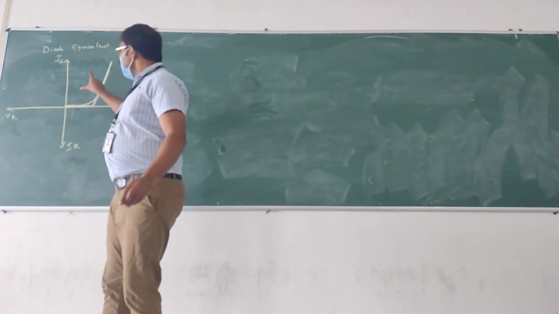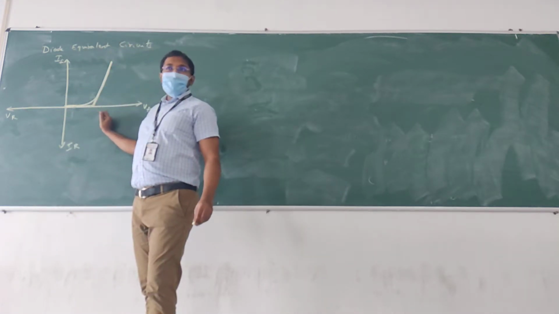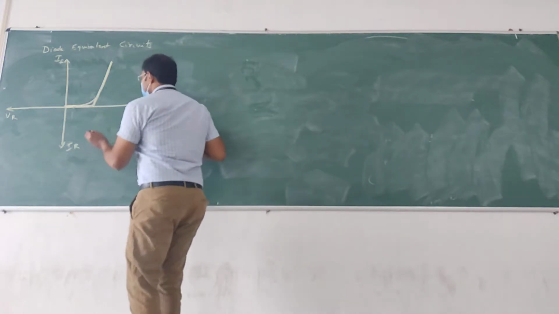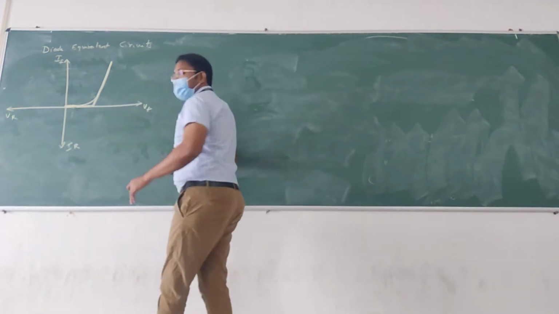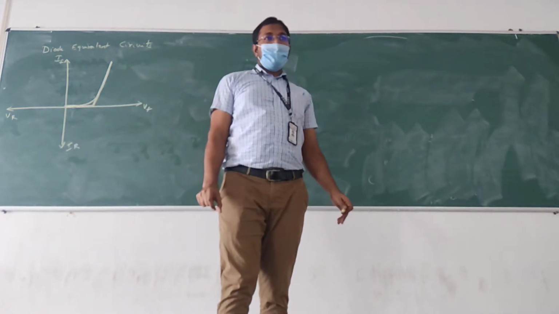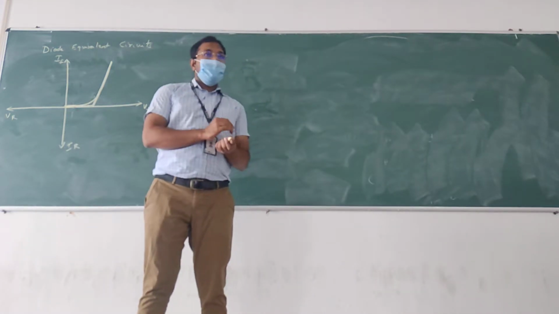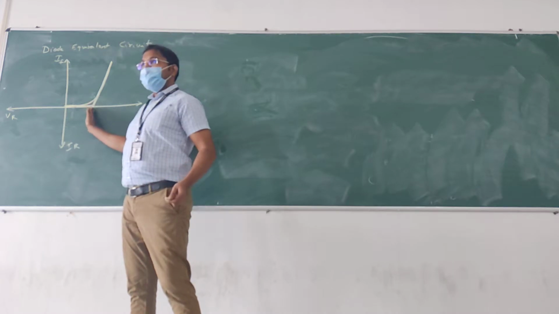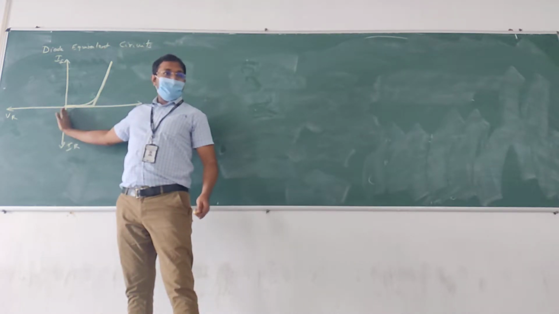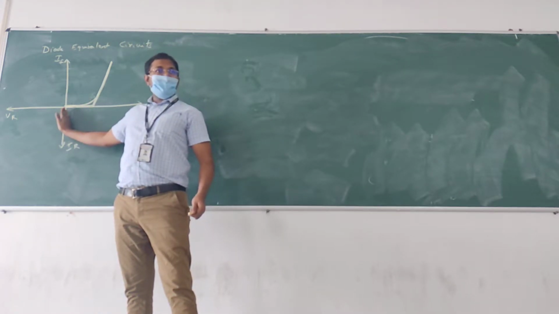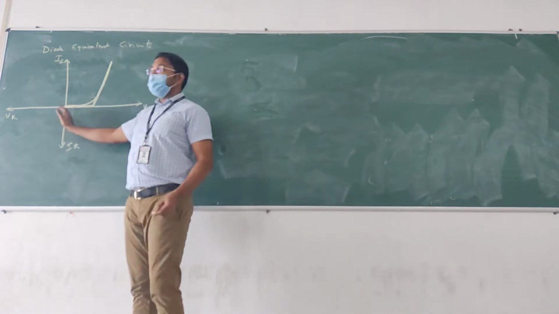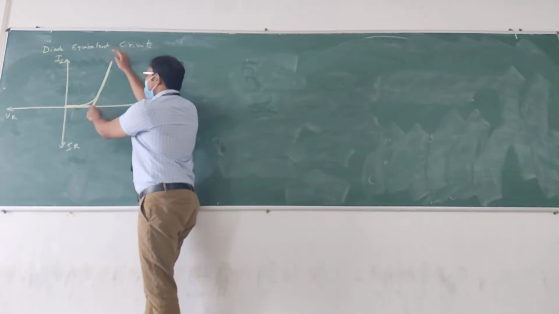Such characteristics are called piecewise linear characteristics. Why piecewise linear characteristics? Anybody? This one, this line. We are representing the diode characteristics by using two lines.